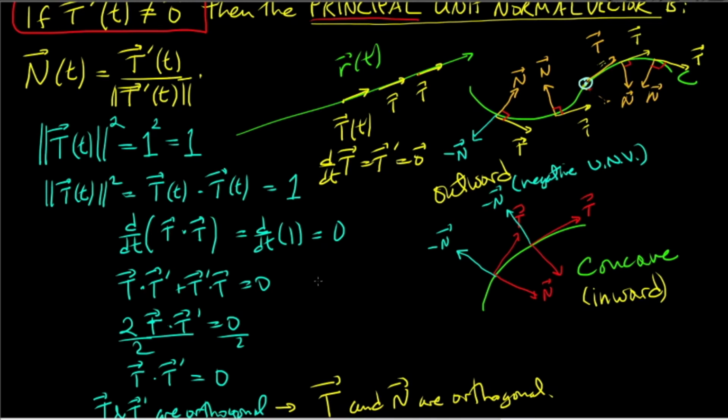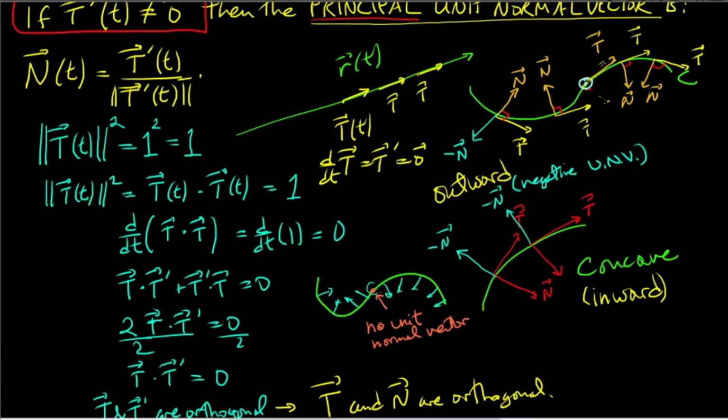If you're going from concave up to concave down, then at the inflection point where it changes concavity, there is no normal vector, no unit normal vector, principal or otherwise. Because you can see what's happening: the normal vectors are going to be pointing inward this way, and then all of a sudden, they're going to point the other way, this way.